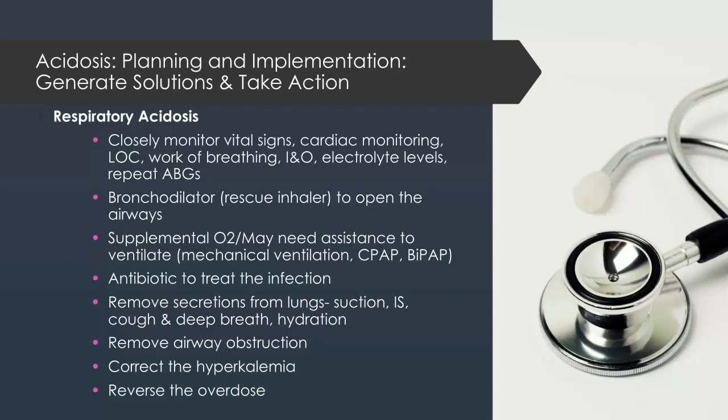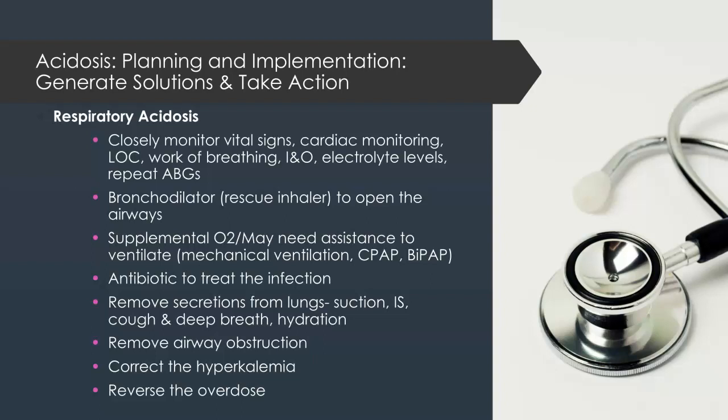Bronchodilators or rescue inhalers such as albuterol will help to open up the airways. Supplemental oxygen may be appropriate if our PaO2 is less than 80 or SpO2 is less than 95. They may actually need to be intubated with mechanical ventilation or use CPAP or BiPAP.